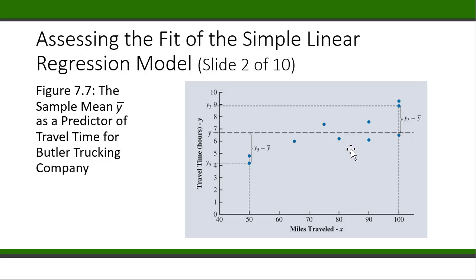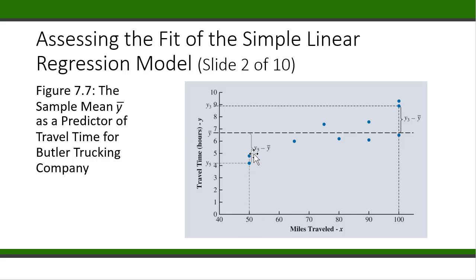And if we didn't know any other information, that's what we would use to predict what y is going to be for our travel time, or travel miles. From this graph, we can see that if that's what we were using, what would we get for observation y?